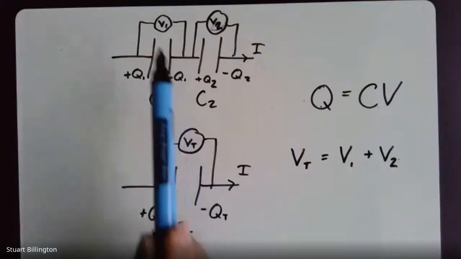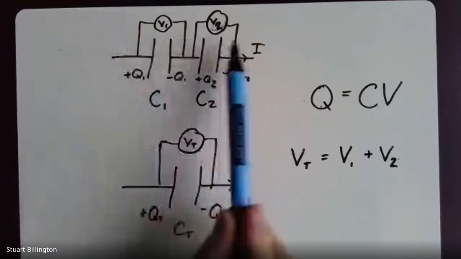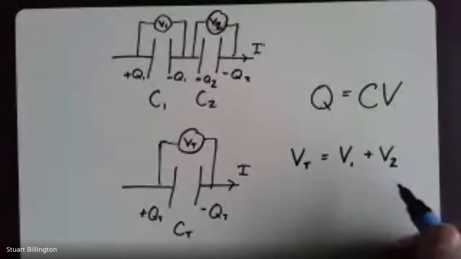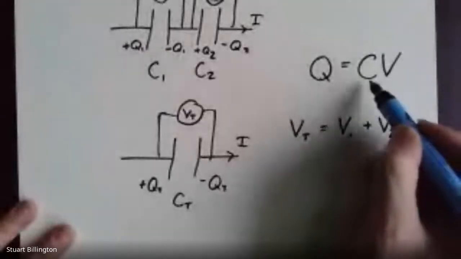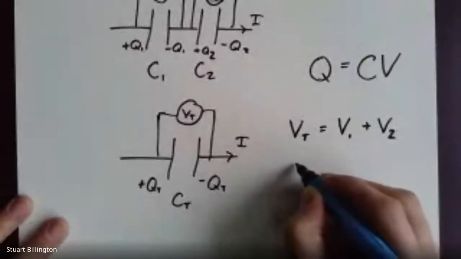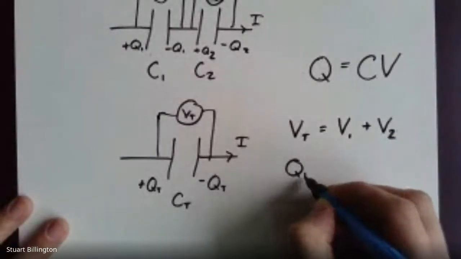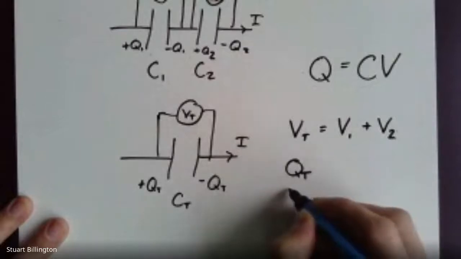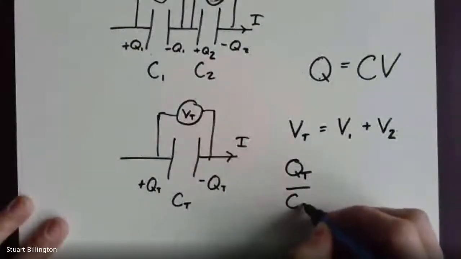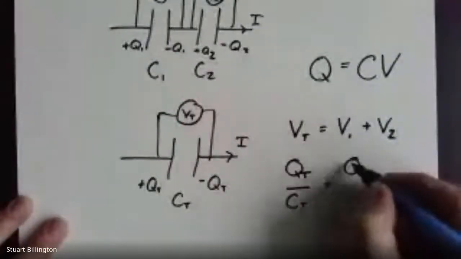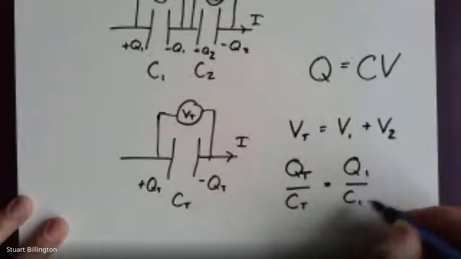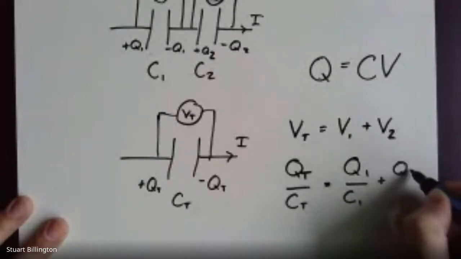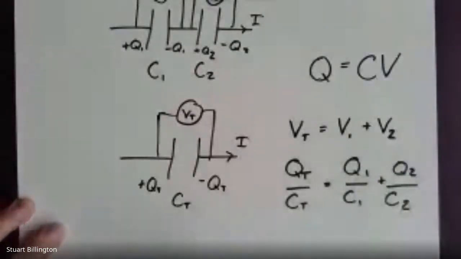That's where this is coming from. The whole combination has to be at VT. Okay, which means we can do some substitutions from this formula. So we've got QT over CT equals Q1 over C1 plus Q2 over C2.